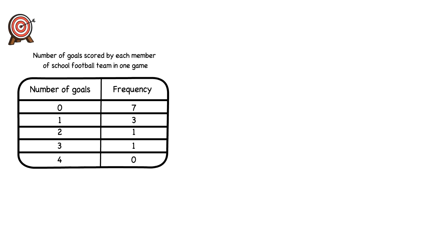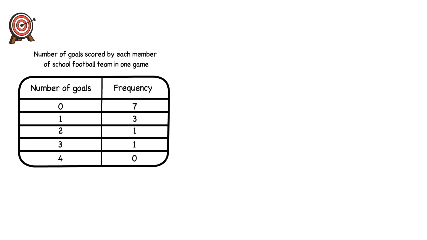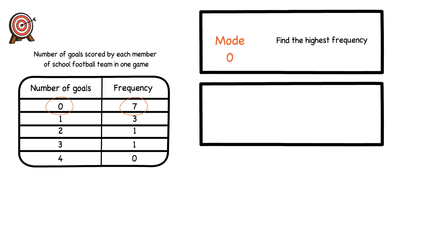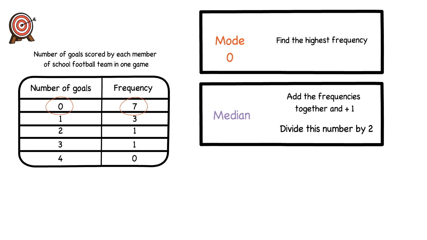So let's just go over a quick recap of how you work out the mode, median and mean in grouped data. For the mode, you find the highest frequency and look at what piece of data corresponds to that. With the median, you add all the frequencies together and add 1, and then you divide that number by 2. You then find where that piece of data is in your frequency table.